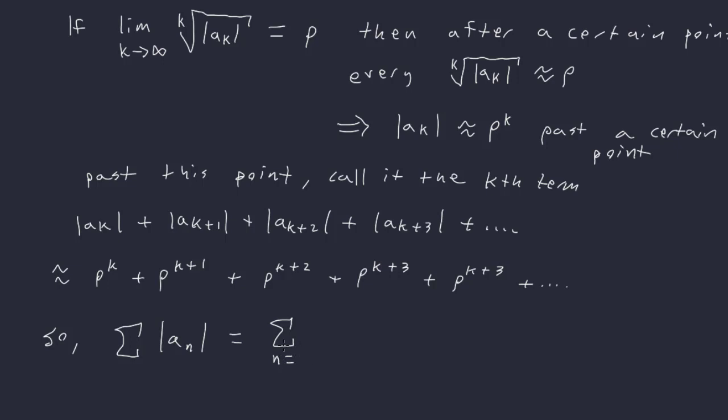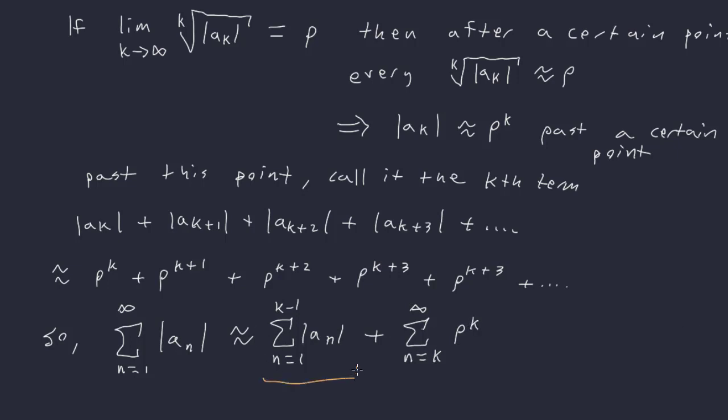It'll be n equals, let's just say it starts at 1, just to make things easy on ourselves. So n goes from 1 to K minus 1, absolute value a sub n, plus, then, and let me use approximate, sorry, then it will be the series n equals K to infinity of rho to the n.